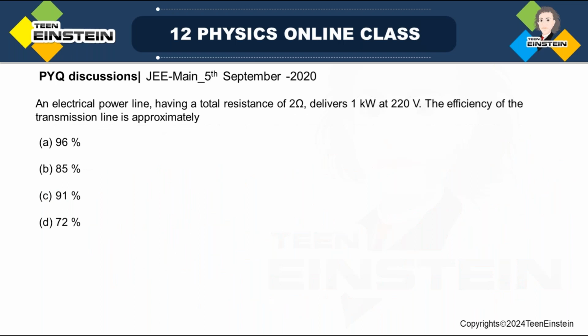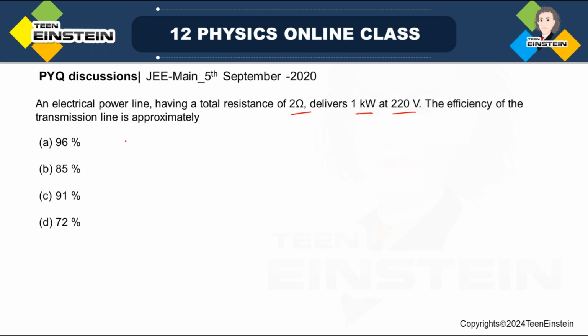Now here is another question. An electrical power line having total resistance 2 ohm delivers 1 kilowatt at 220 volt.